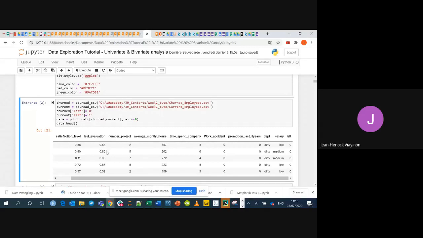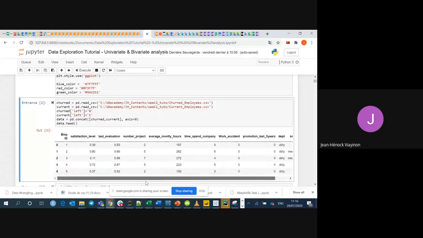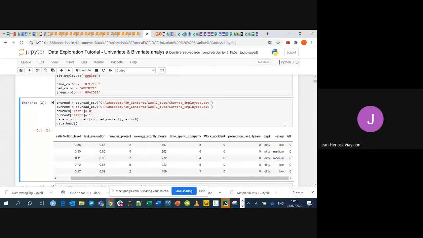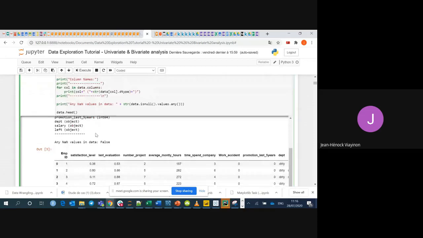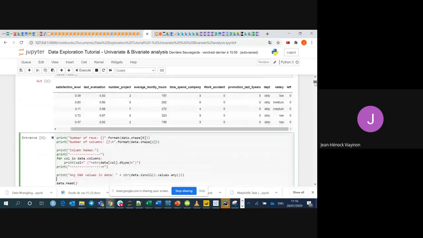Then I concatenated both to get a single data set. This column provides the difference between those already churned and those who are still current. We are about to analyze them and see how things could happen in the coming months.